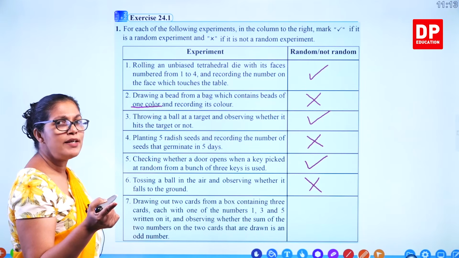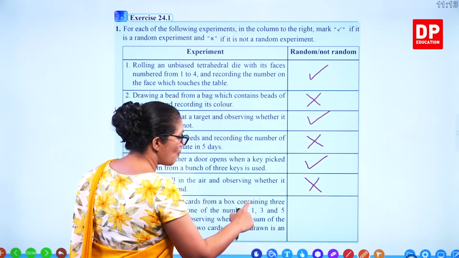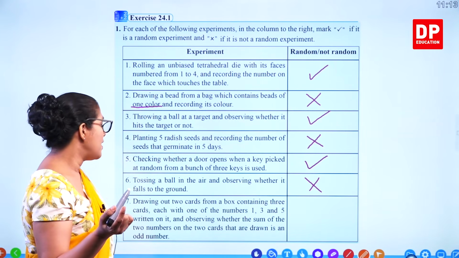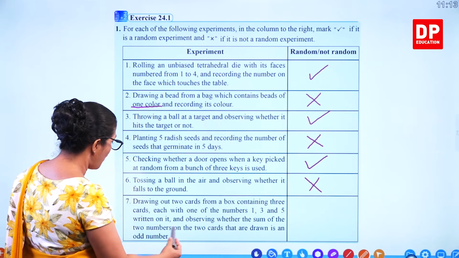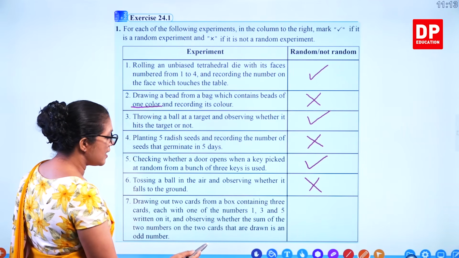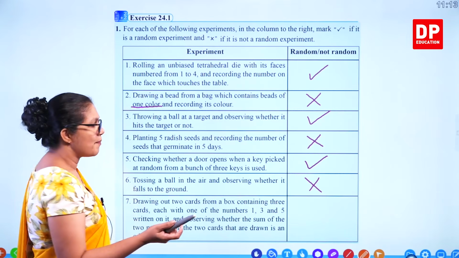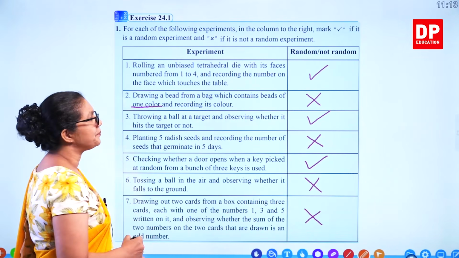Odd plus odd, always an even number. 1 plus 3, 1 plus 5, 3 plus 5, always you get an even number. So this is not a random one because you are not getting an odd number. Always you get an even number. So this is not random.